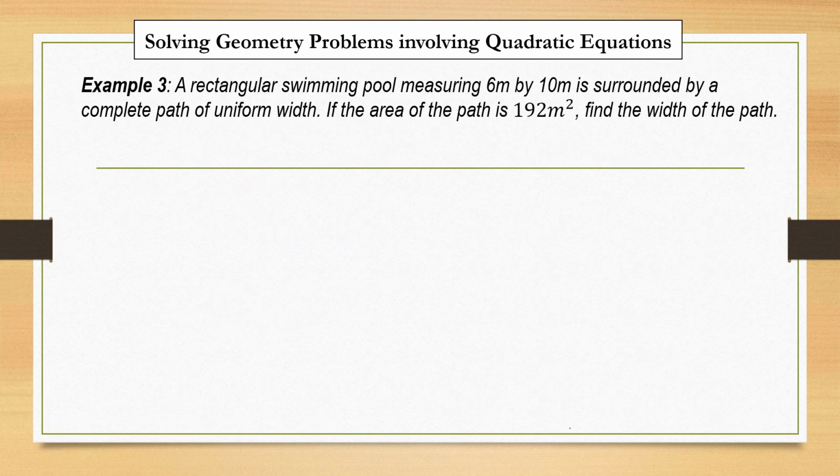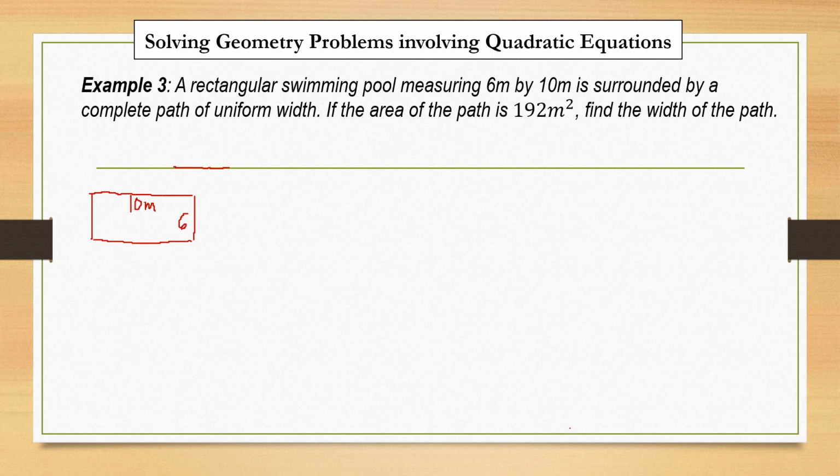Let's have another one. A rectangular swimming pool measuring 6 meters by 10 meters is surrounded by a complete path of uniform width. If the area of the path is 192 square meters, find the width of the path. So first, let us illustrate the given problem. According to the problem, there is a rectangular swimming pool which measures 10 meters by 6 meters.